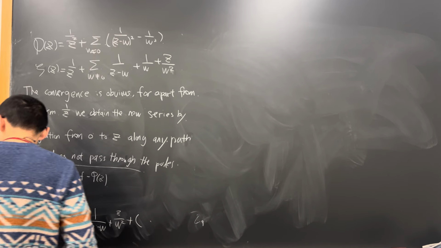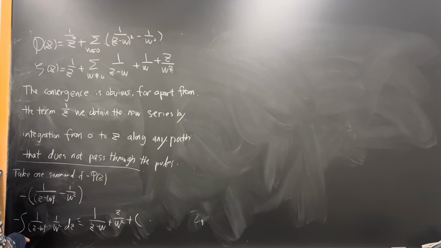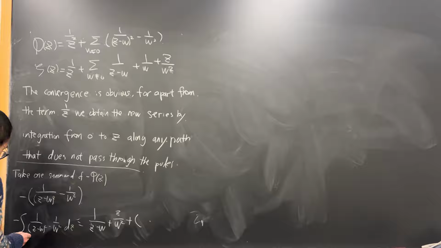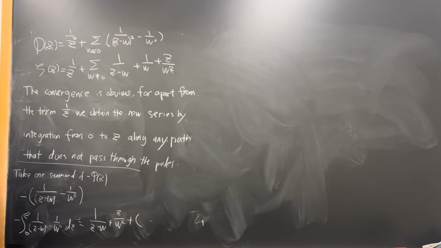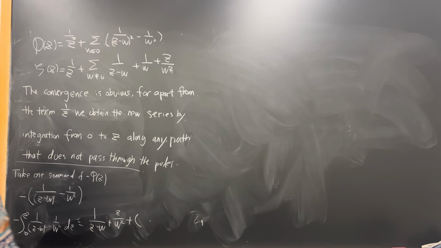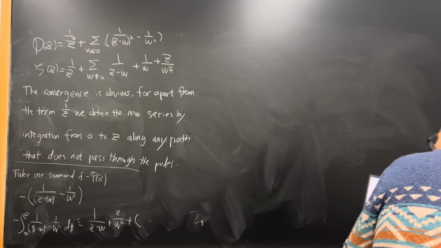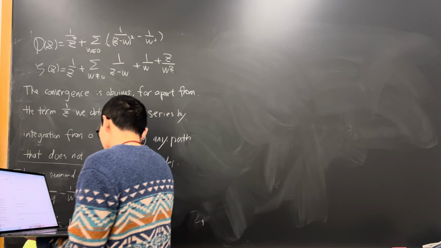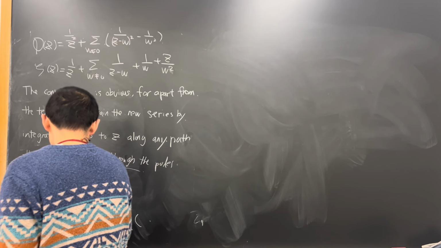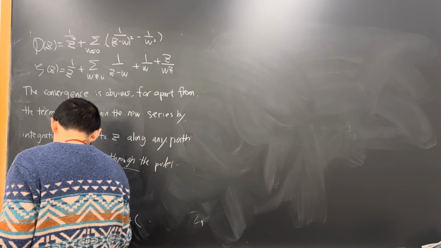What I mean is that if you integrate this from 0 to z, let's call this variable zeta, forgive me that I abuse the notation a little, then it is this evaluated at z and at 0.